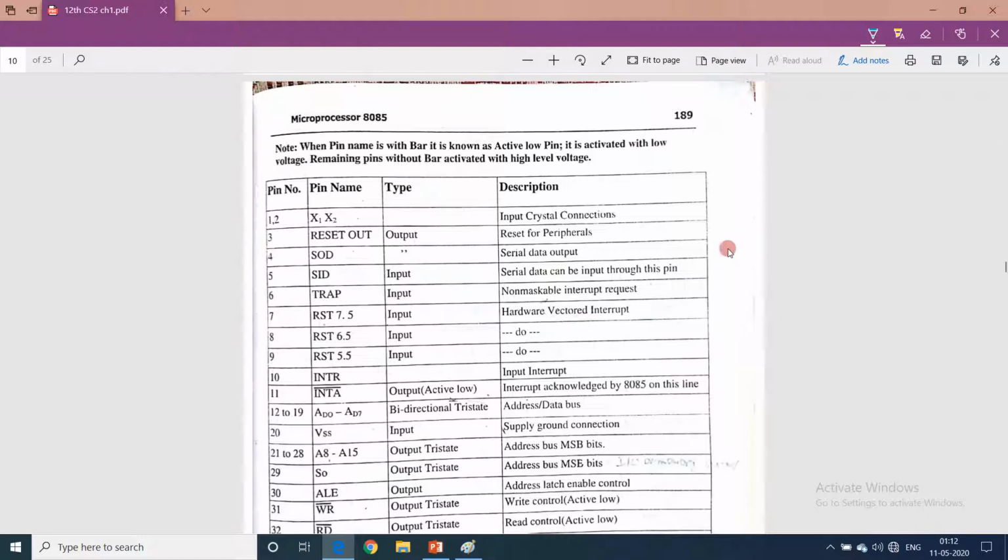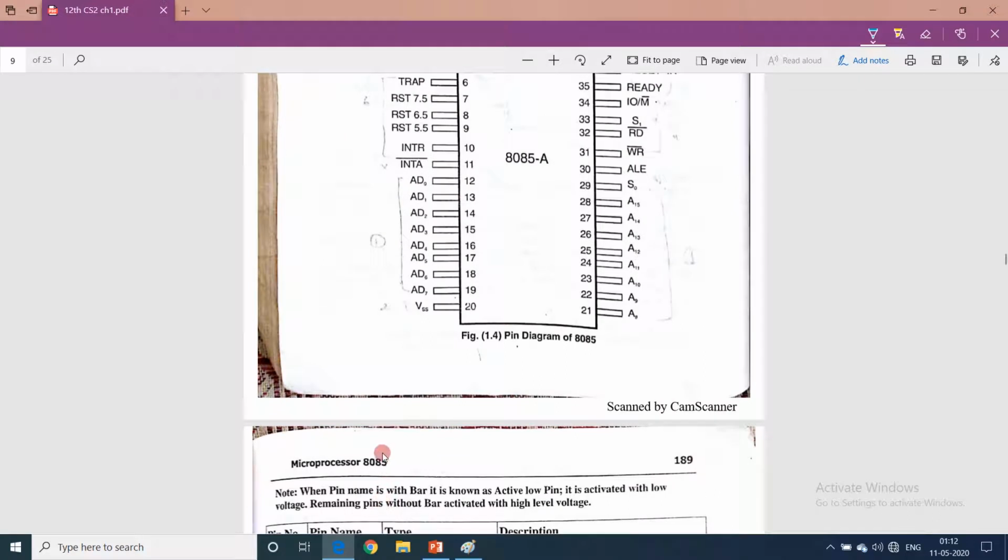Next, I want to clear the pin ALE, address latch enable. If you remember, the data bus is 8 bits in 8085 and the address bus is 16 bits, and there are 8 address pins and 8 are address and data pins. If you remember, I'll show you in the diagram. A8 to A15, these are address pins.